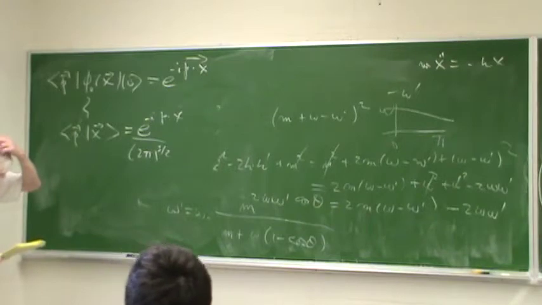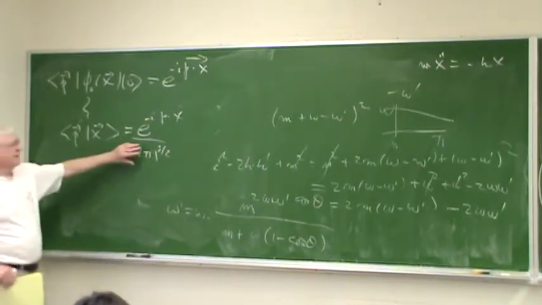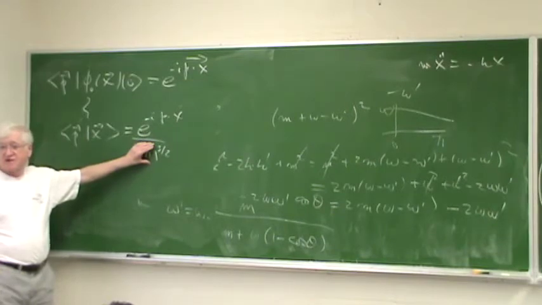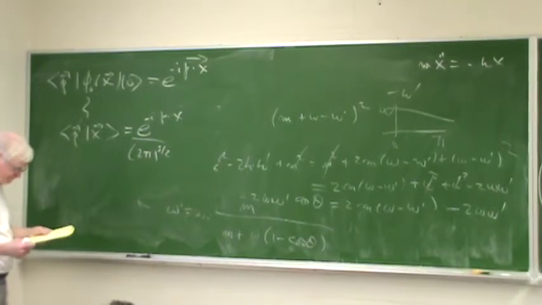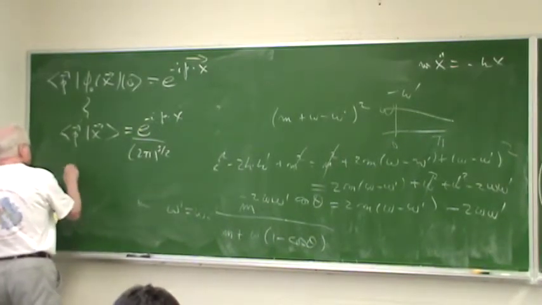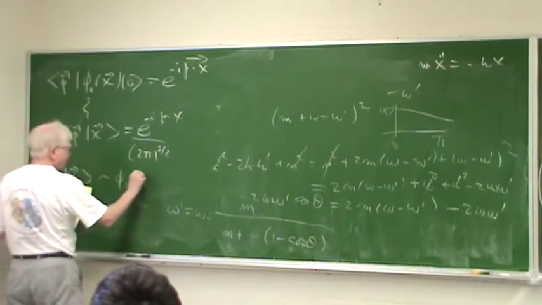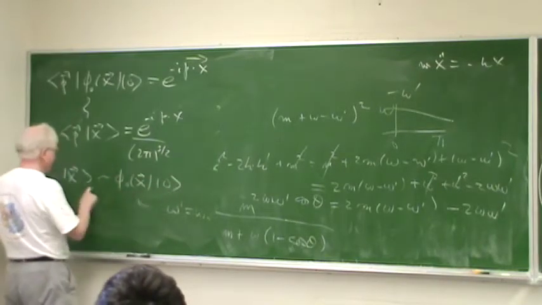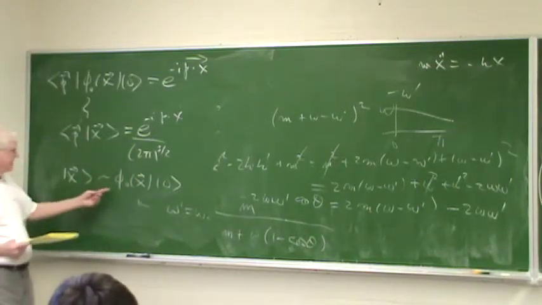But apart from this, which is an issue of normalization, it's a similar kind of thing. And so we can think that phi 0 of x on the vacuum is sort of like this. And in fact, that's basically true.